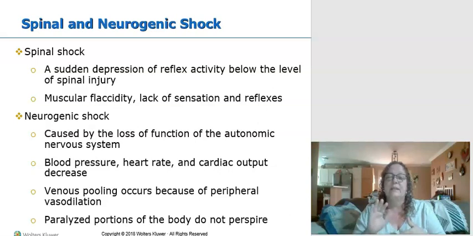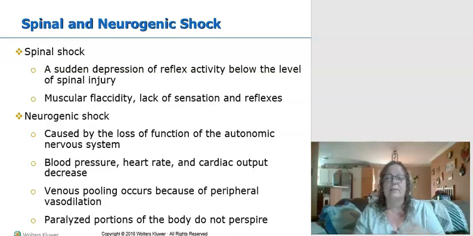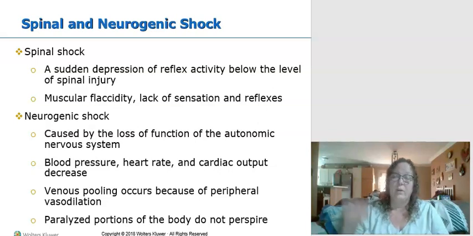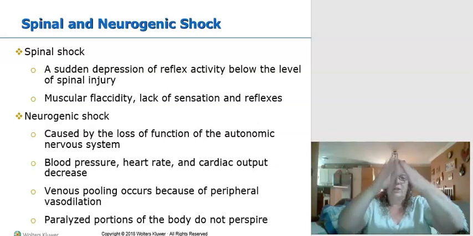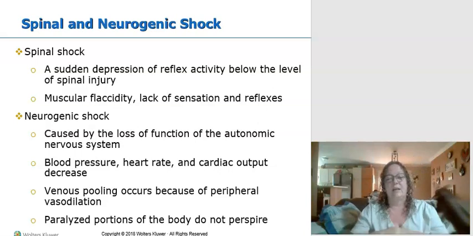Right? So this is what you'd see after the initial injury. Right? I can't move my legs. So you could have flaccidity, loss of sensation or reflexes. And that's because the nerves distribute out from the spine, so everything that happens below the level of injury is now blocked.